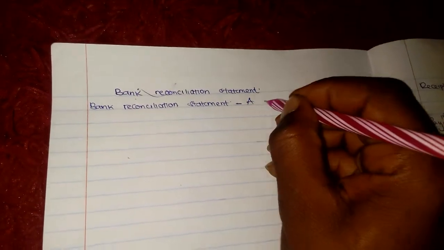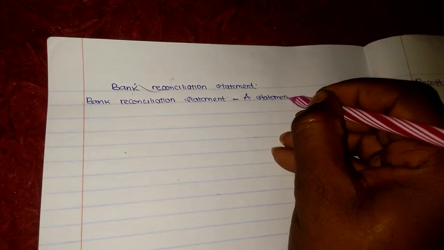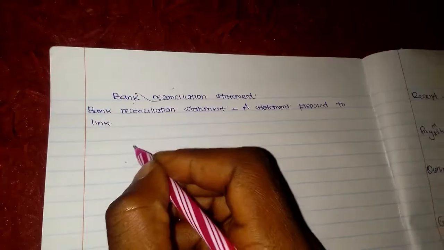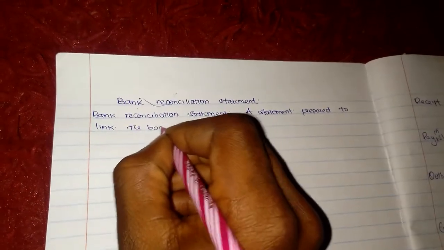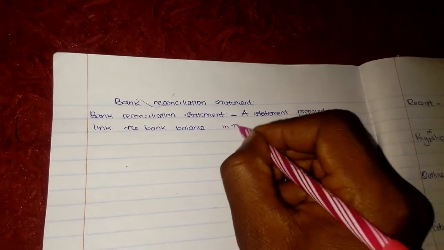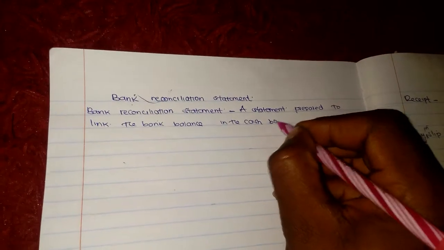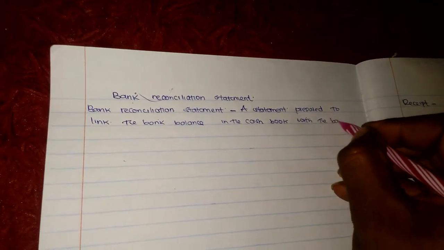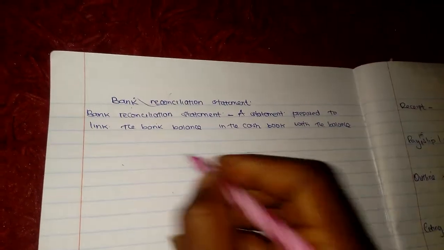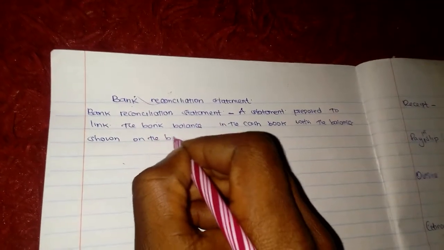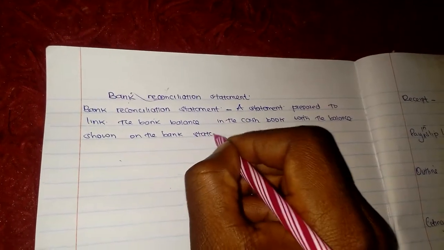So it is a statement, let me write it for you. It is a statement prepared to link the bank balance in the cash book with the balance shown on the bank statement.